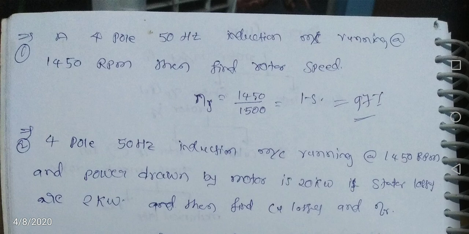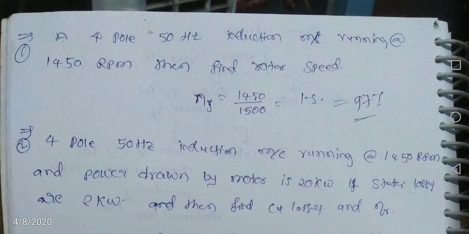Actually the 4-pole 50 Hz machine NS value is 1500 rpm. Stator losses are given as 2 kilowatt. Then find the copper losses.